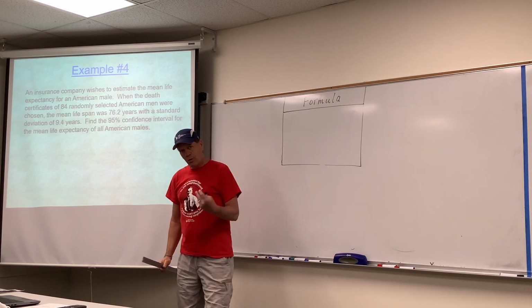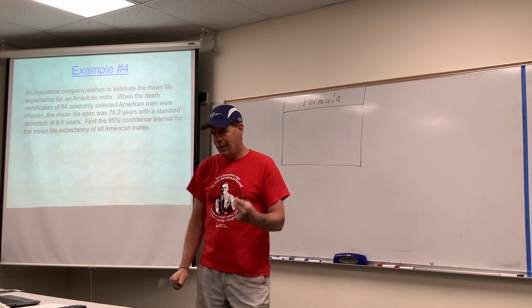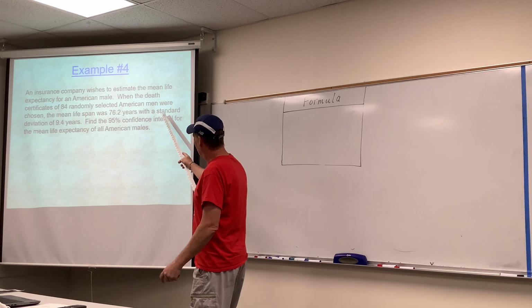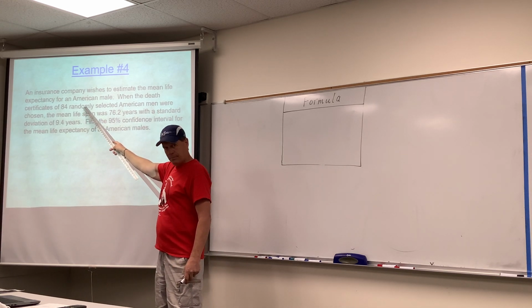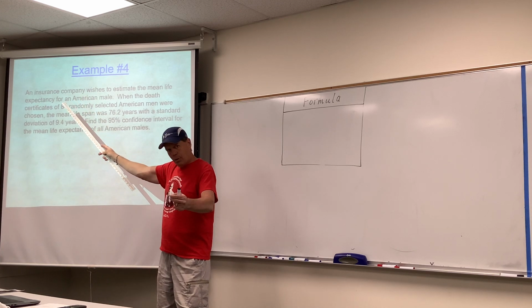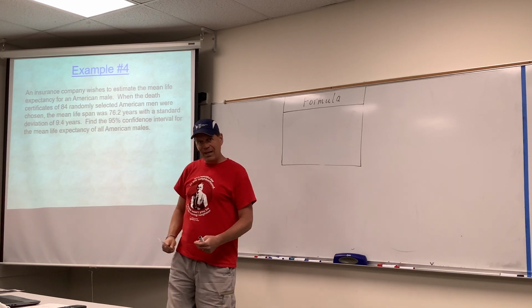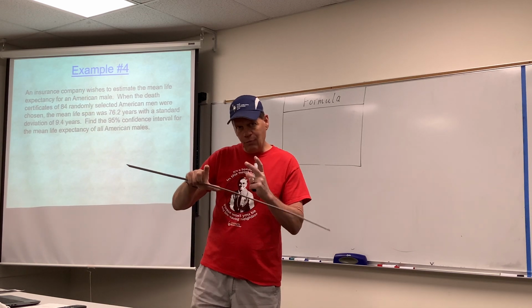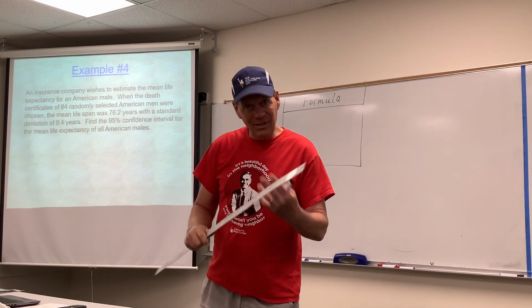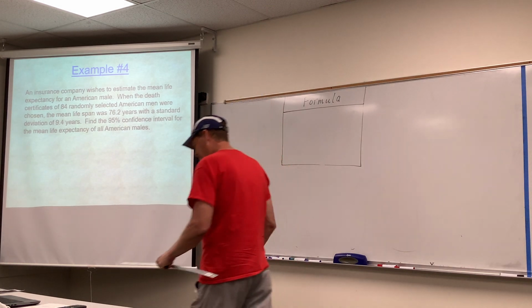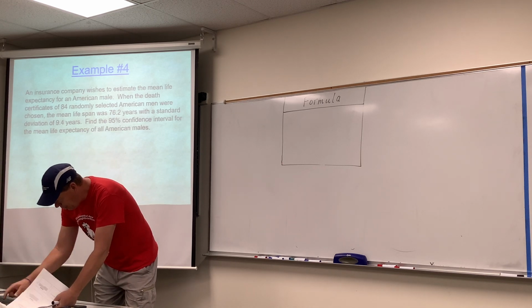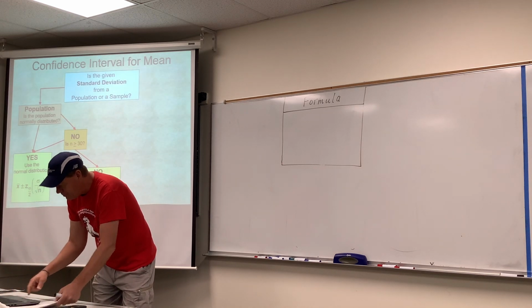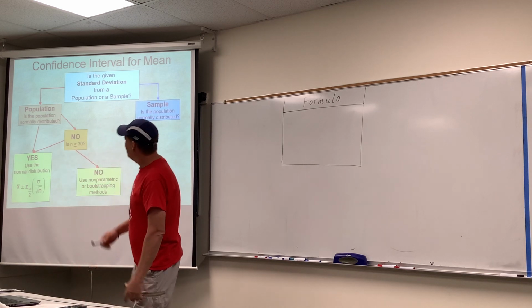I hope you would agree with me that that standard deviation in that sentence would be for those 84 randomly selected men. And that's a sample. So in this case, that standard deviation, since it's for those 84 American men, is a sample. So the question of standard deviation, sample in this case, 84 men, standard deviation, sample.